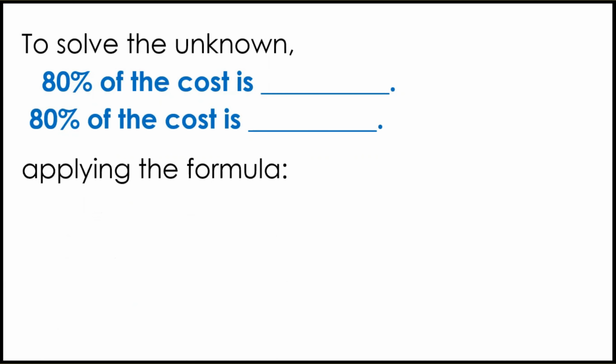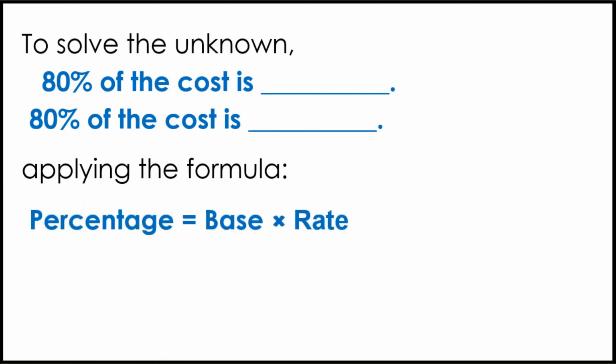So applying the formula, so we have P equals B times R, or percentage equals base times rate. So yung percentage natin equals 300 times 0.80. No? So ang percentage natin equals 300.